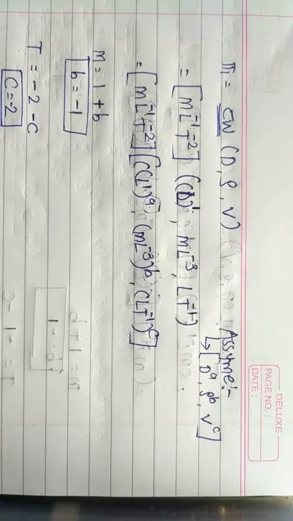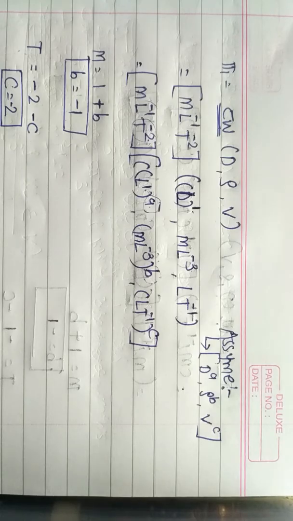Now we find the pi 1 value: pi 1 equals tau in bracket d, rho, and v, that is, diameter, density, and velocity.